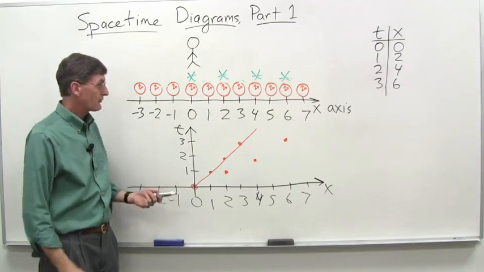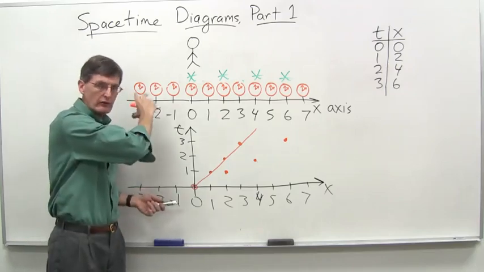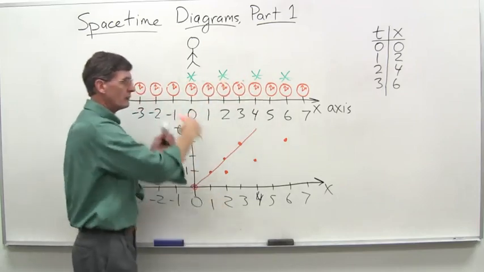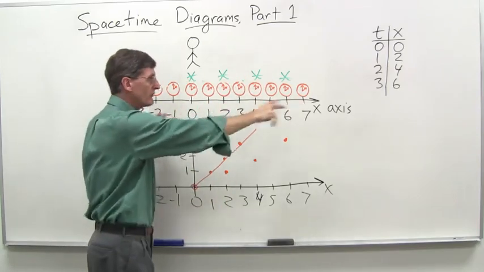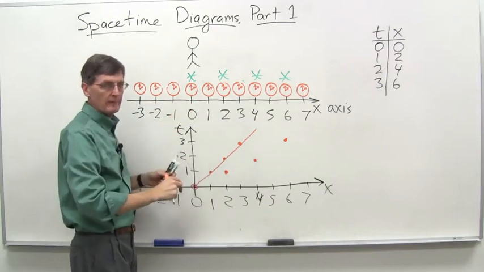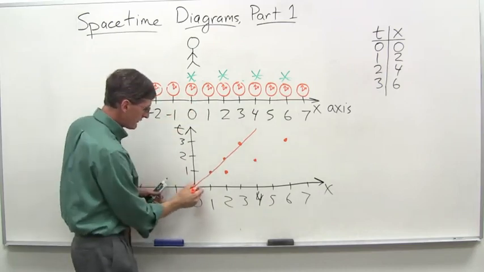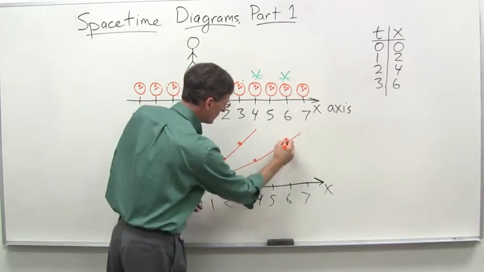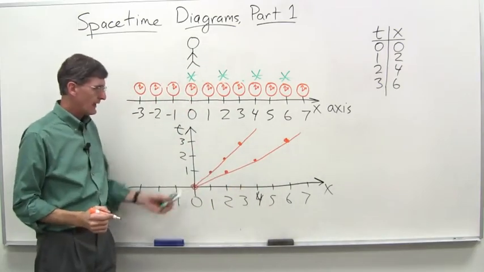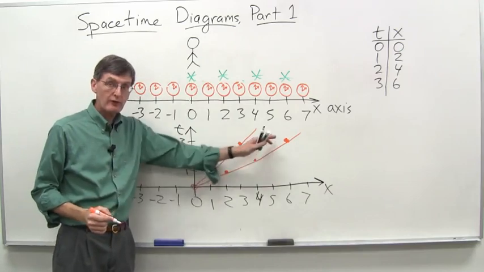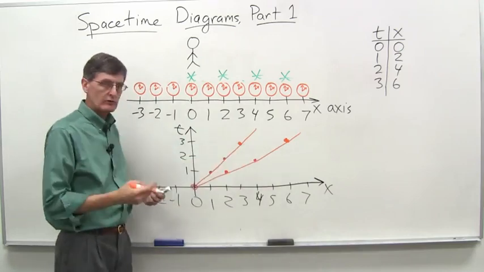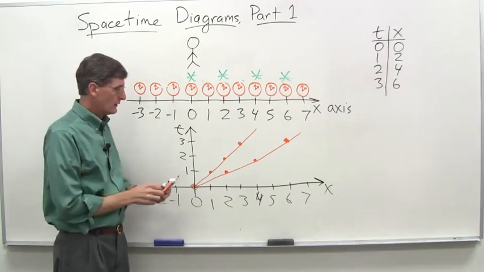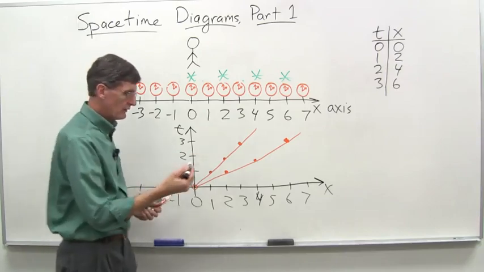So in this case, again, if this represents a car or spaceship going along, its flashes there, assuming it's moving at a constant velocity, so it's not changing its speed or its velocity, then we could draw a line here, more or less through those points. Okay? And that would represent the space-time progress of that car. In fact, we have a special name for these lines that we're drawing here.